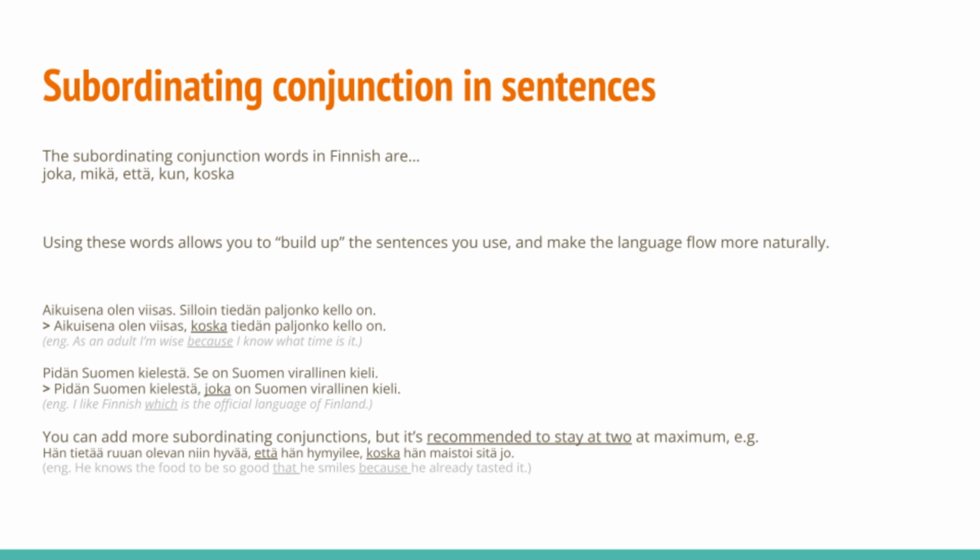Again, if you want to hear more specific translations of what each of these words means, we went through that in the previous class where we did some general repeating of things. But the reason we have this and why many Finnish teachers recommend using this is because you can build up the sentences you have and also make them flow more naturally.